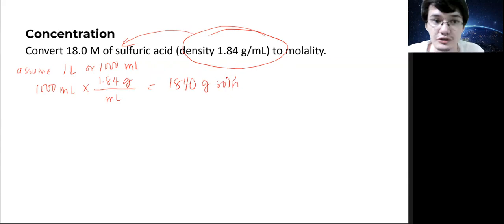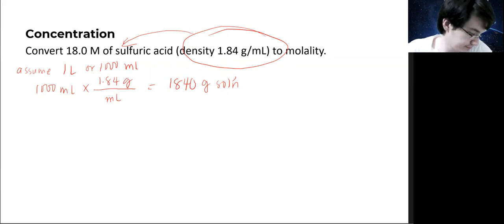A solution is usually composed of solute and water. The universal solvent that we know of is water. Then, we calculate the amount of sulfuric acid in grams in the solution.